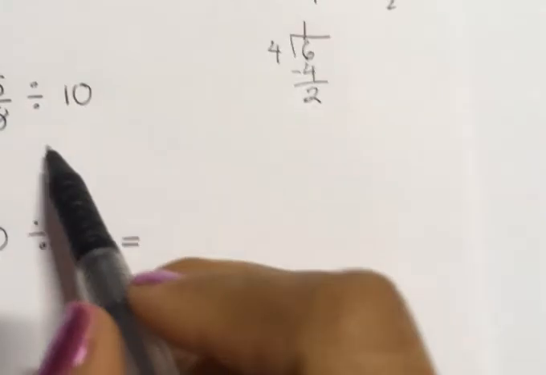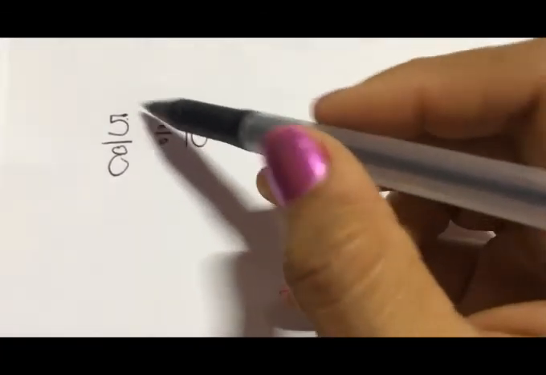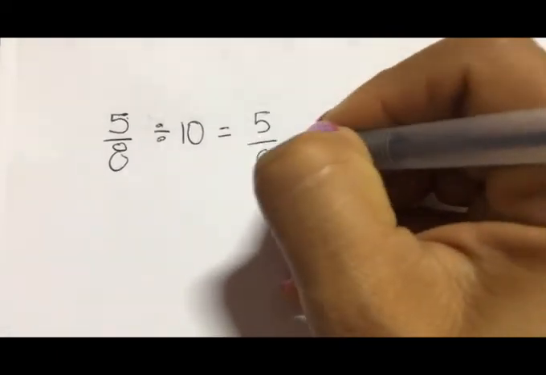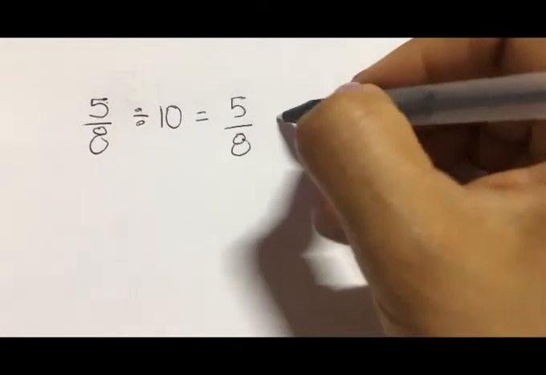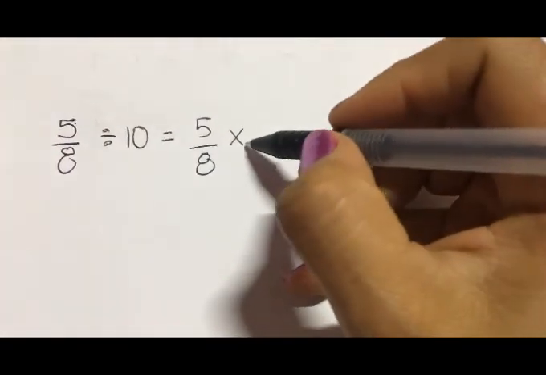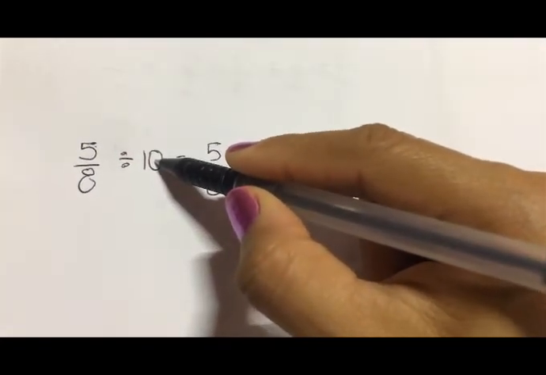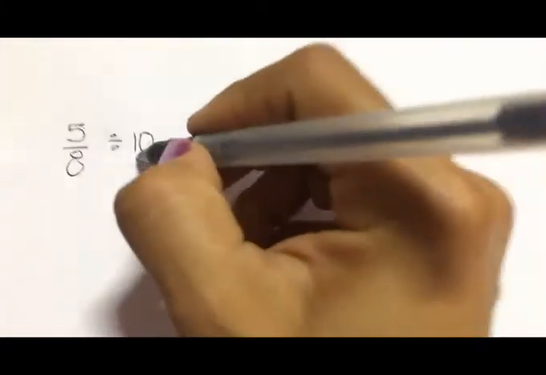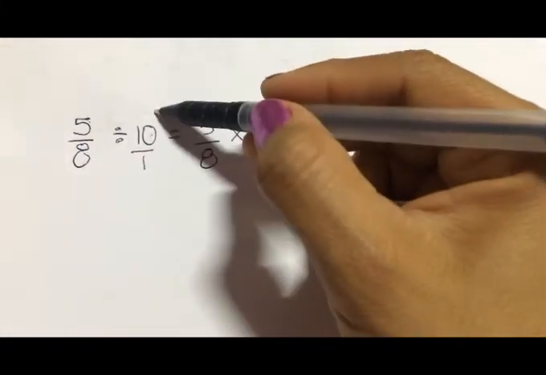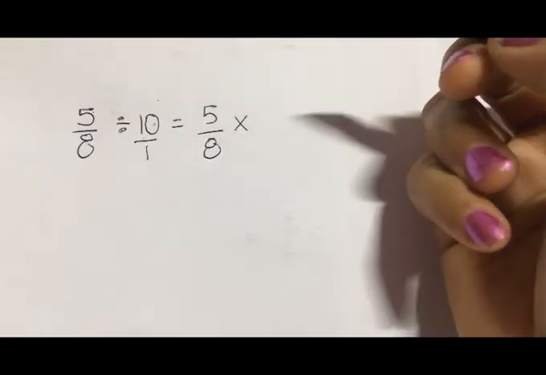Let's try to do this example. Okay, remember, you keep the first fraction. You don't have to rewrite it. Copy. And let's change it into a multiplication. And the second fraction, you need to rewrite as a reciprocal. But if you have a whole number, do this first. Okay, now you have a fraction. This fraction, rewrite or rename as the reciprocal.